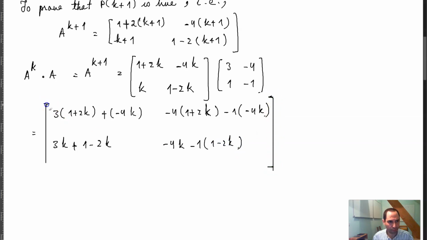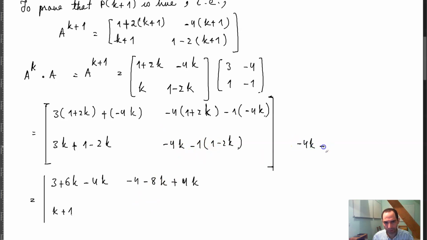If I simplify this, I'll get 3 plus 6k minus 4k, and over here I have negative 4 minus 8k plus 4k, and over here I have 3k minus 2k is equal to k plus 1, and over here I have negative 4k minus 1 plus 2k.